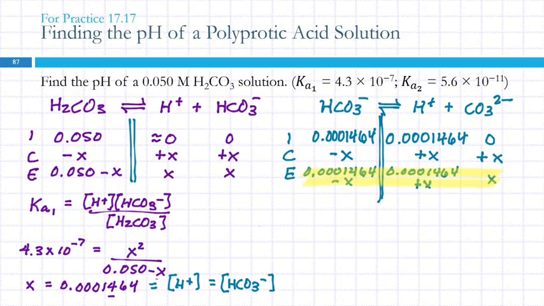Any questions about that? So whatever equilibrium concentrations we get from the first ionization, those will be used as the initial concentrations for the second ionization.